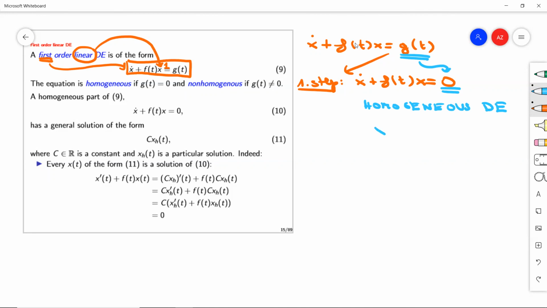By separation of variables, for example, we get a family of solutions, C times x homogeneous of t, where C is a constant.